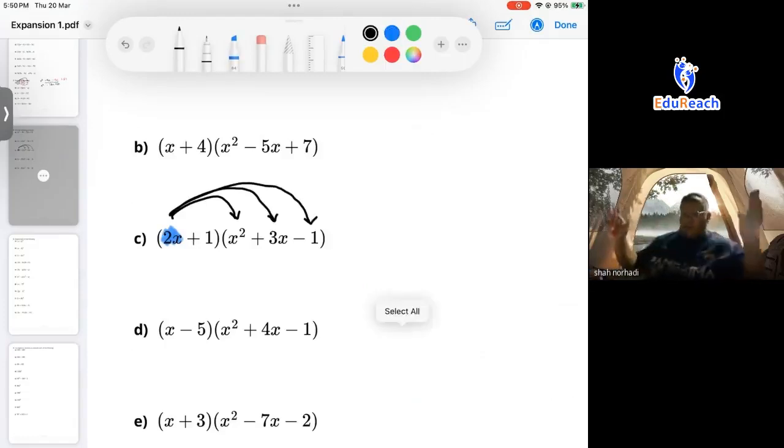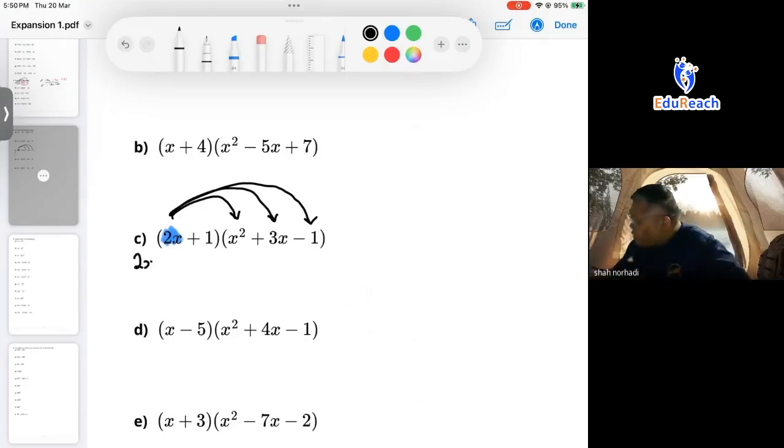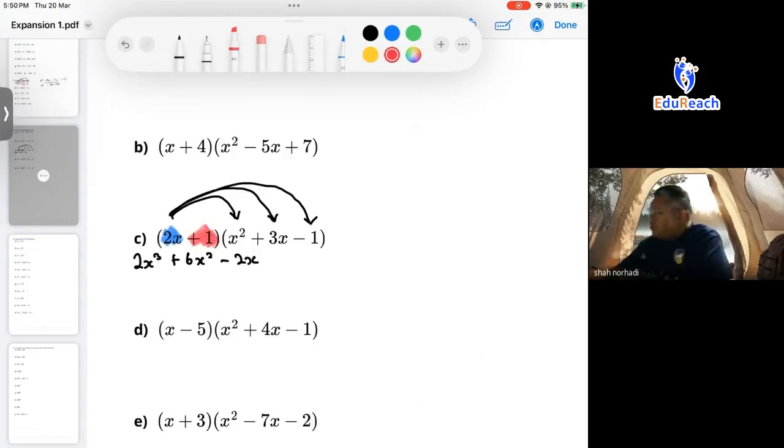So it's going to be a long one. We have 2x cubed plus 6x squared minus 2x. Then after that, you take the second term, then you multiply also.